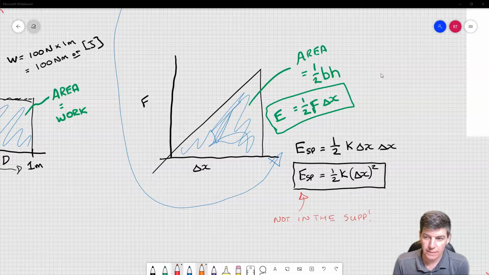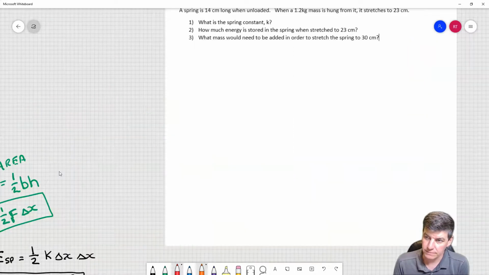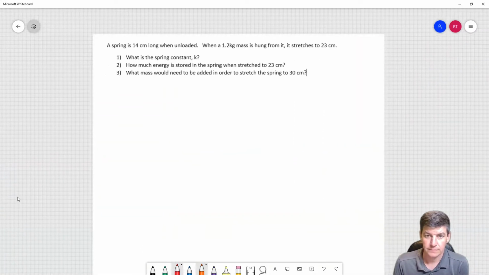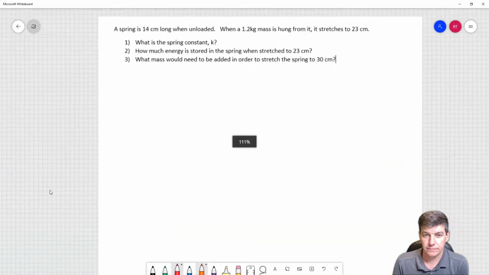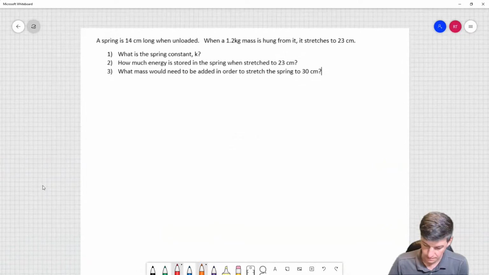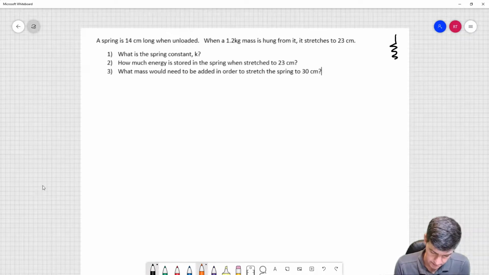Okay, let's do a practice question on springs. So a spring, I've got a little spring here, and when it's unloaded it is 14 centimeters.